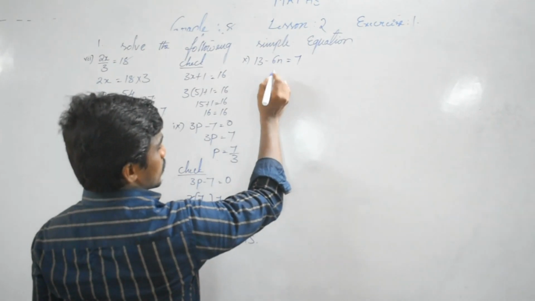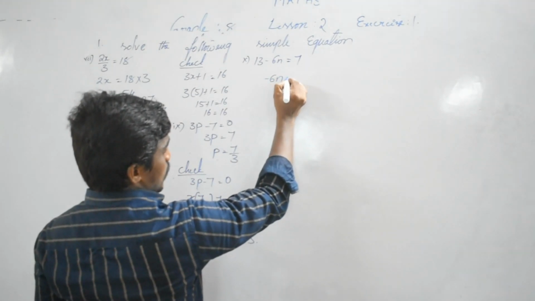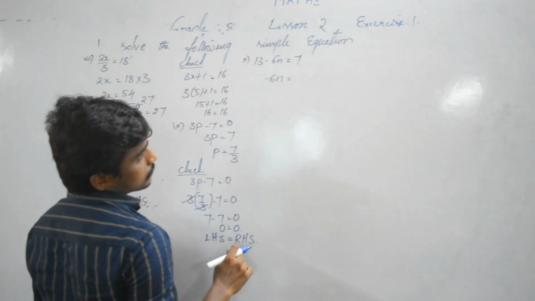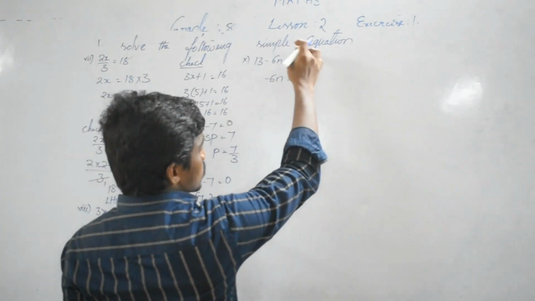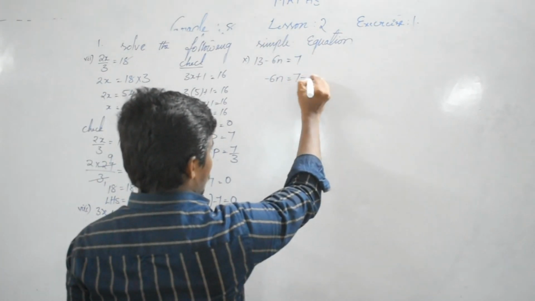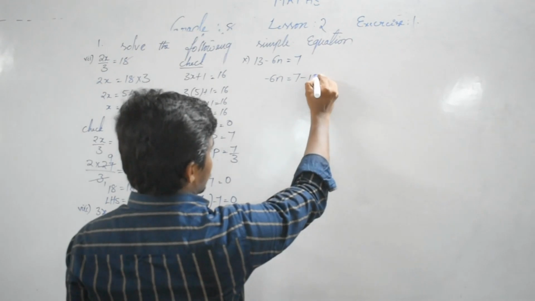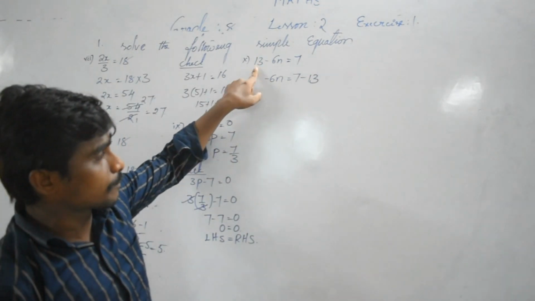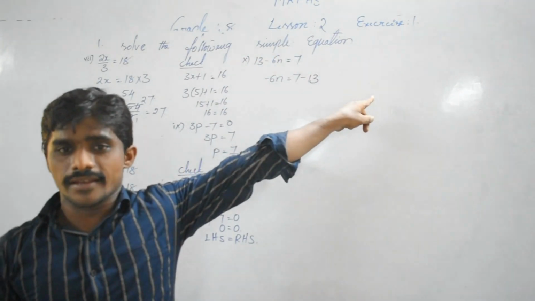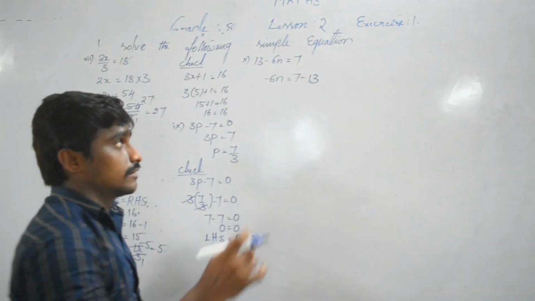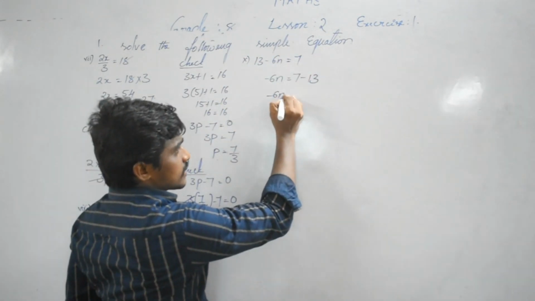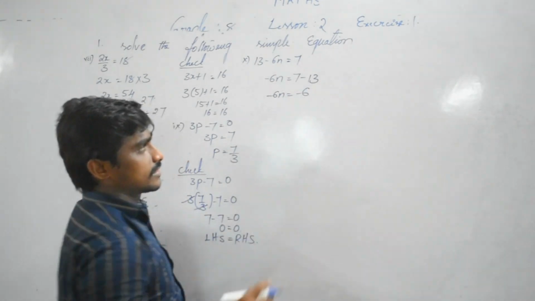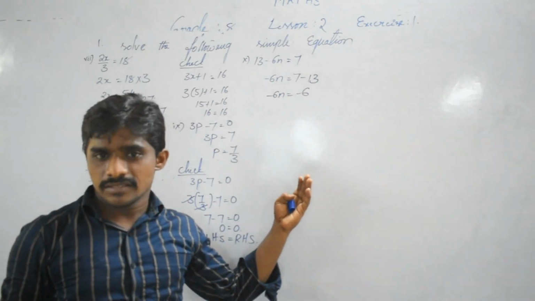So minus 6n is equal to 7 minus 13. Plus 13 moving to RHS becomes minus 13. So minus 6n is equal to minus 6. 13 minus 7, 6.